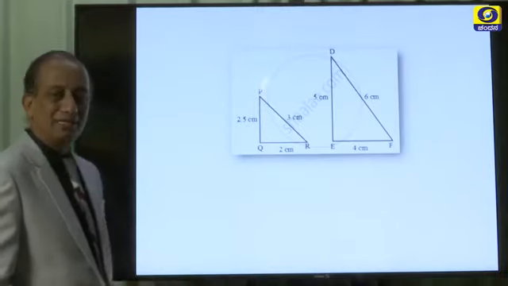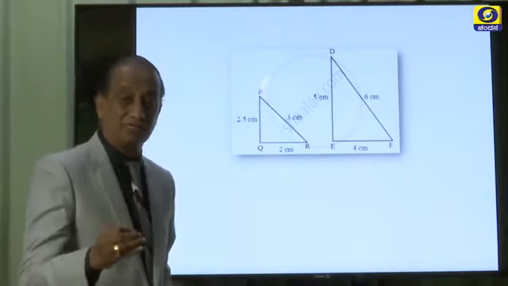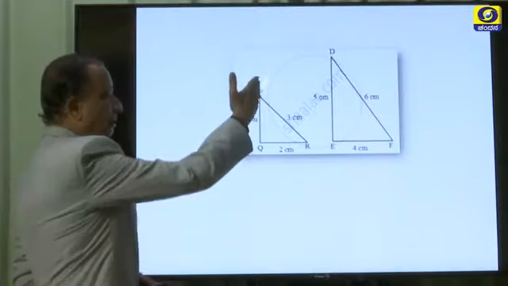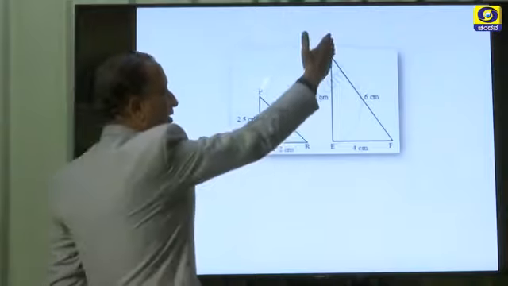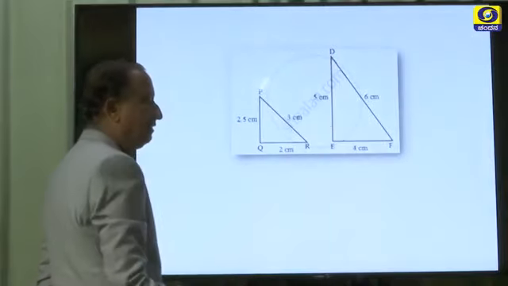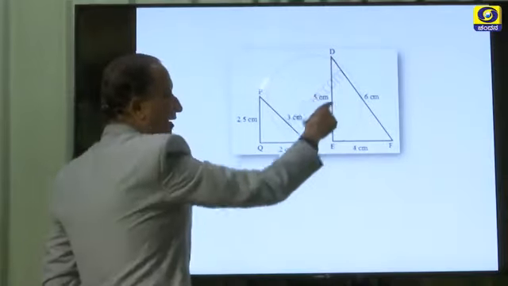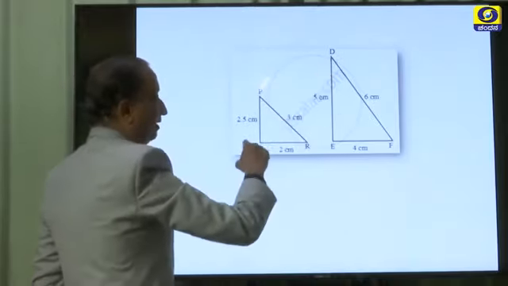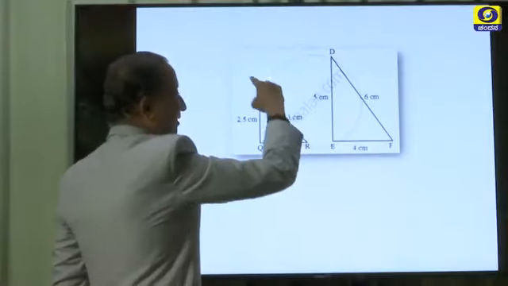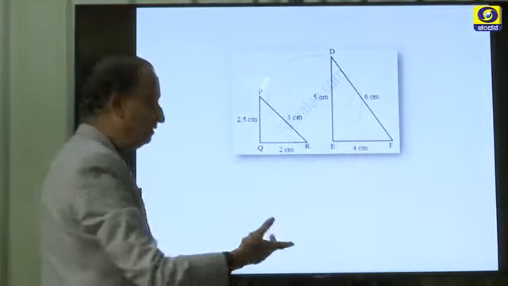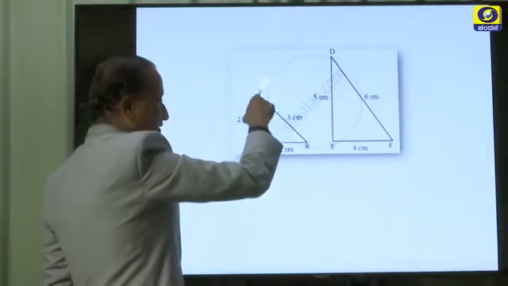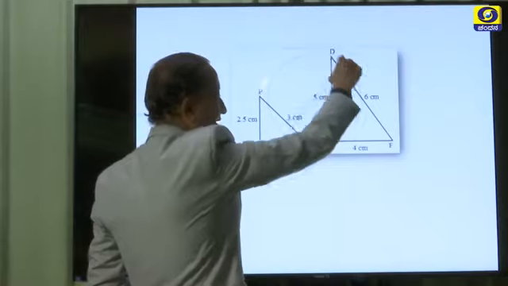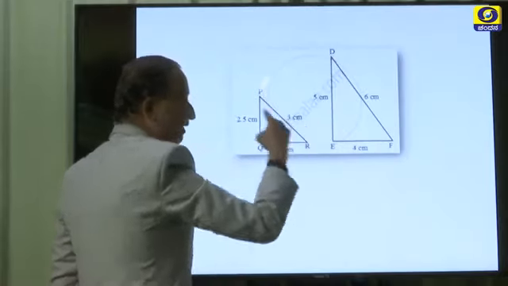Now, you can see another important property regarding the sides. Here is a right angle triangle PQR, here is another right angle triangle DEF. Now, compare the respective lengths of the respective sides. 2.5, this is 5, this is 2, this is 4, this is 3, this is 6. You can see that side DE is twice this. Similarly, this side is also twice this, and finally, side DF is again twice this.